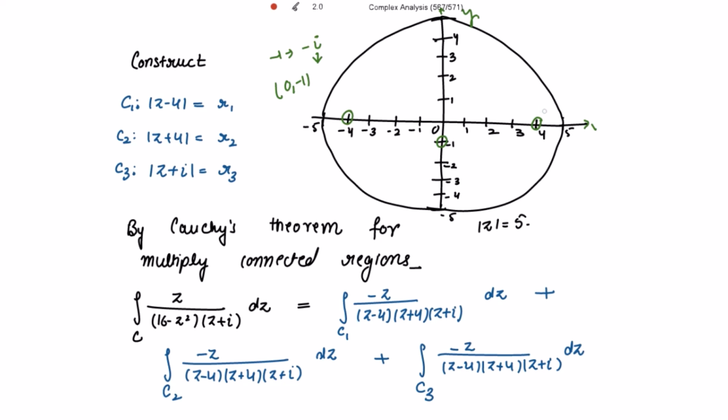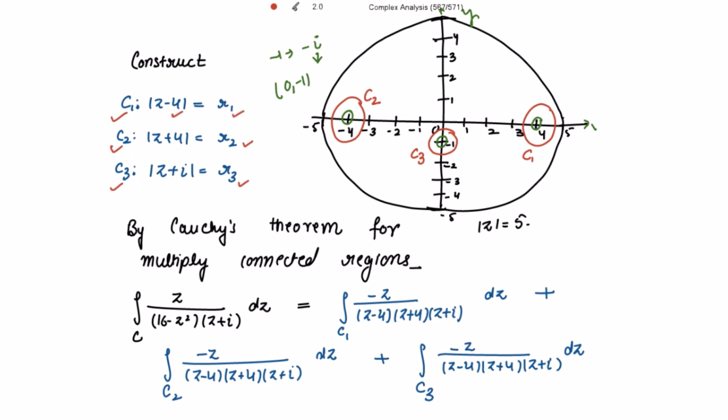Let's construct the circles. Let this be the circle C1 having the radius R1, this be the circle C2 and this be the circle C3. We need the radius for each circle. So let C1 be |z − 4| = R1, C2 be |z + 4| = R2, and C3 be |z + i| = R3.